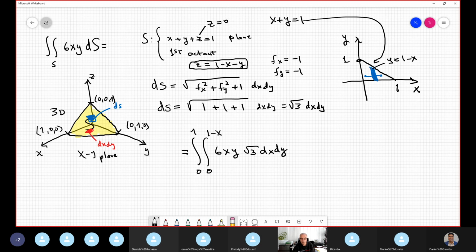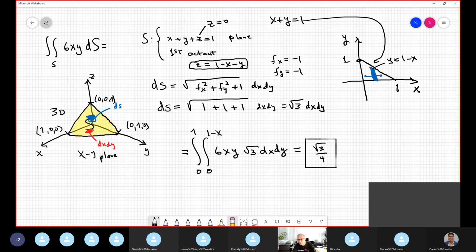Boom. The rest is piece of cake for us. And the answer is radical 3 over 4, okay. Yeah, radical 3 over 4. Boom. End of the story. Any question? Wow, easy. Surface integral, no big deal. No. It's a big deal in my opinion. This is the most complicated part in calculus 3.